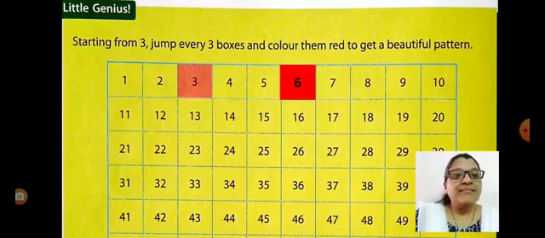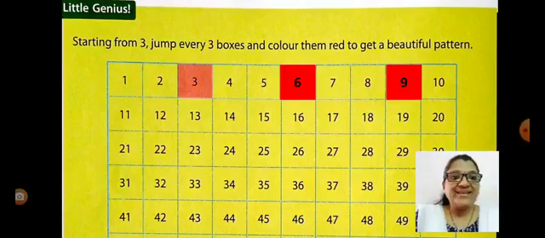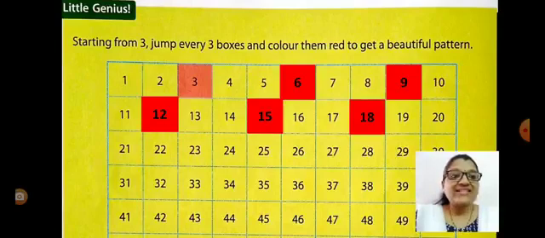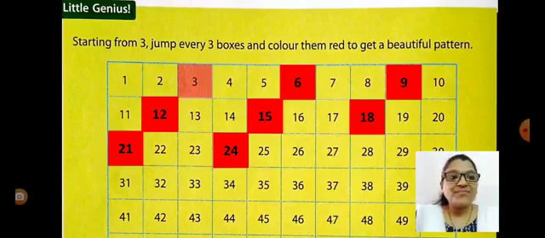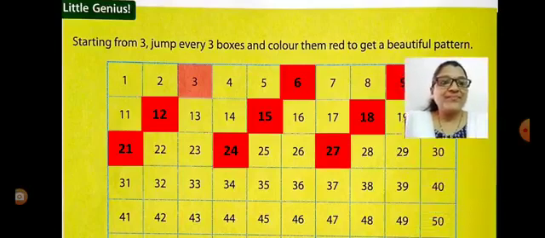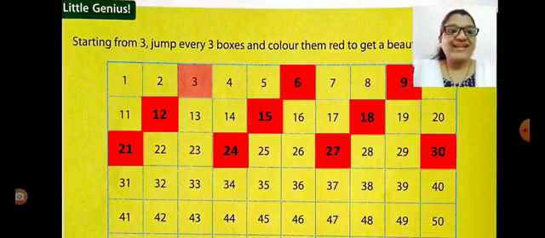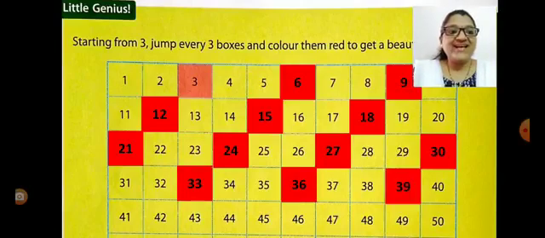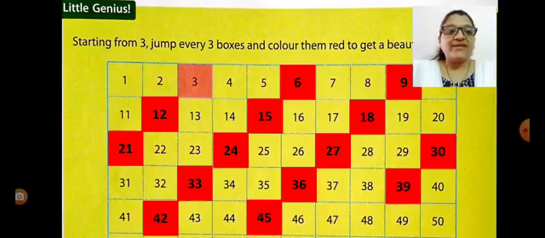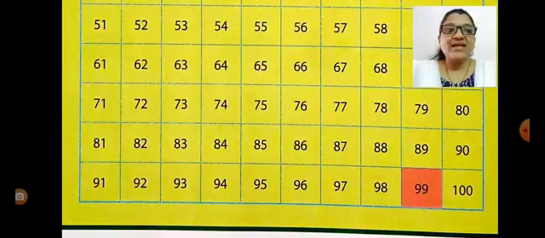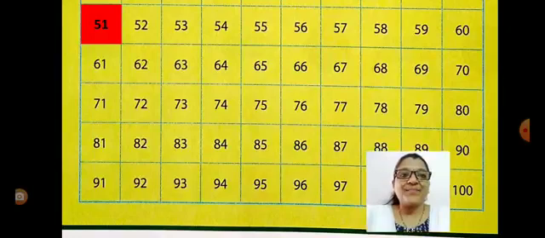So, the numbers will be 9, 12, 15, 18, 21, 24, 27, 30, 33, 36, 39, 42, 45, 48. After 48, number 51 will come.